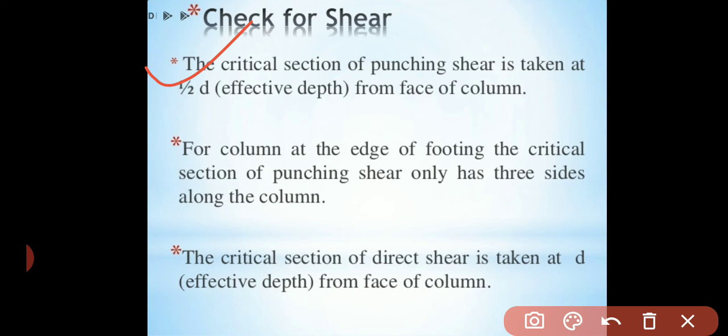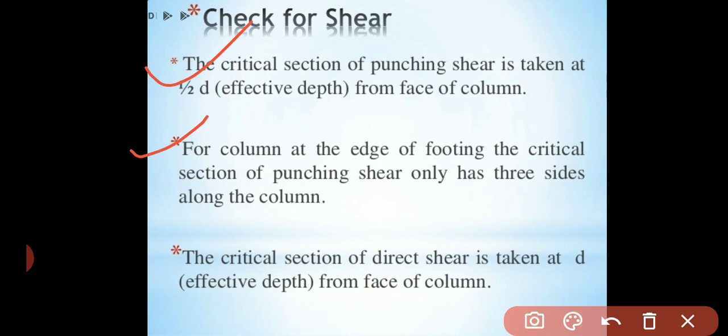So we have to take area of three sides only. In the previous problem we have taken area of four sides, perimeter into depth, but here we'll have only three sides because the column is on edge.